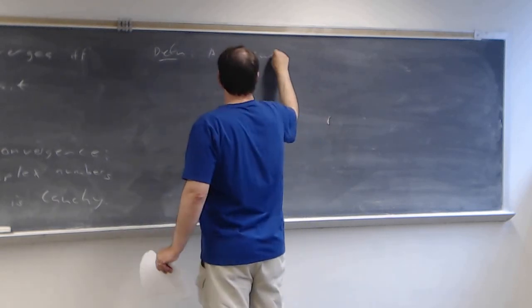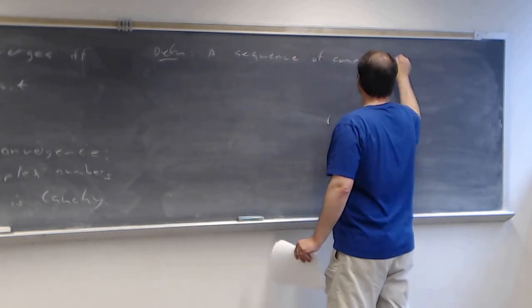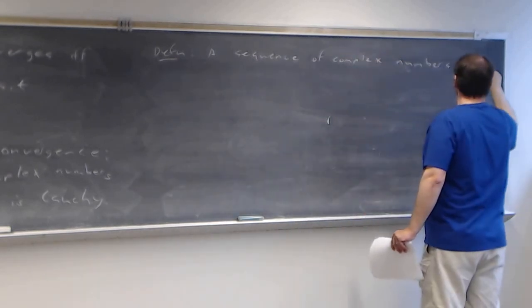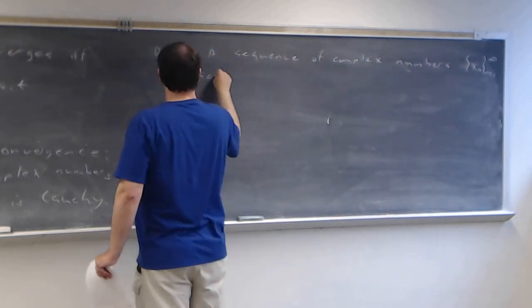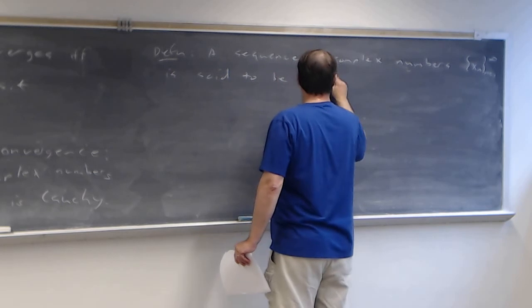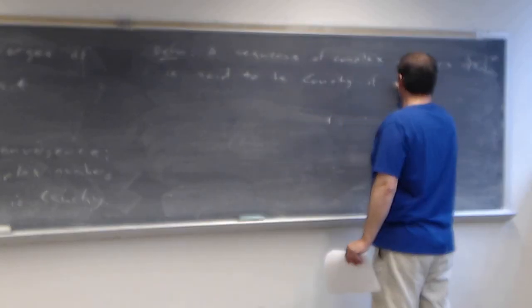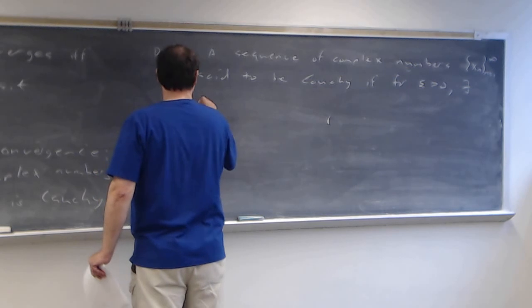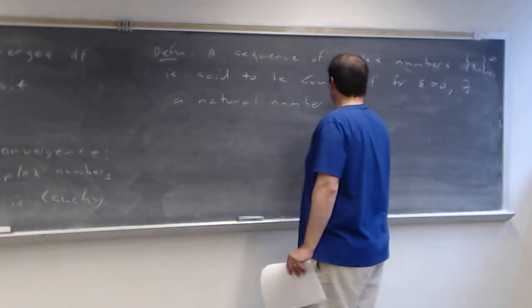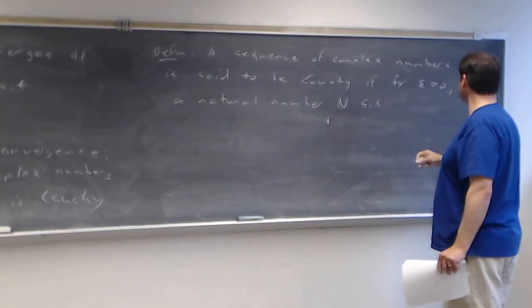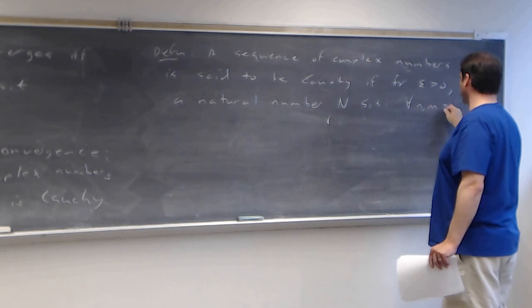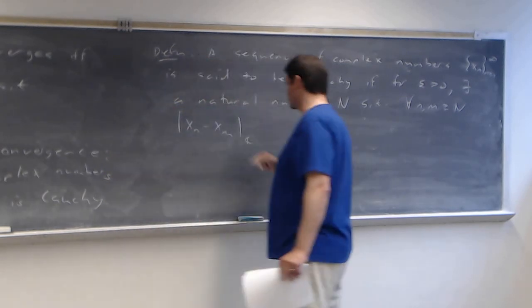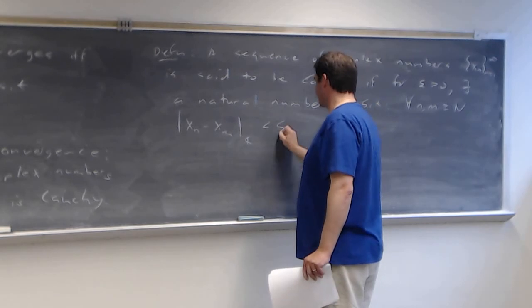So a sequence of complex numbers, let's say x of n, is said to be Cauchy if for each epsilon greater than 0, there exists a natural number N such that for all n and m greater than or equal to N, x of n minus x of m, the distance between them in the complex plane, the usual complex metric, will be less than epsilon.